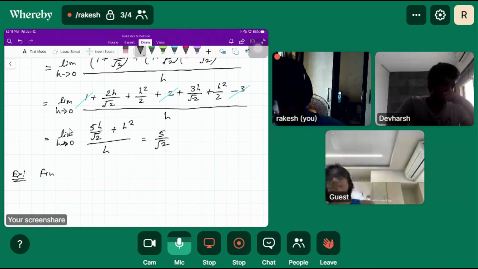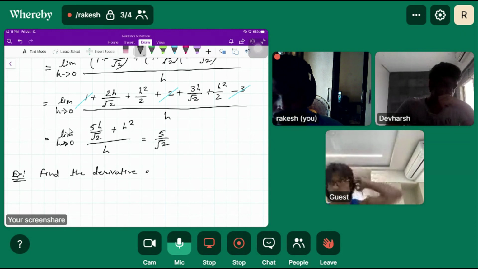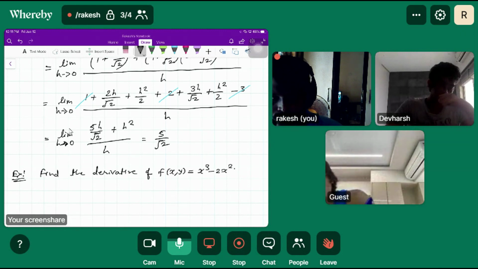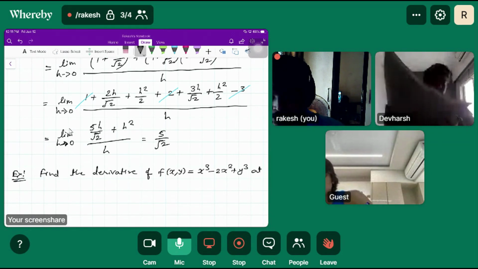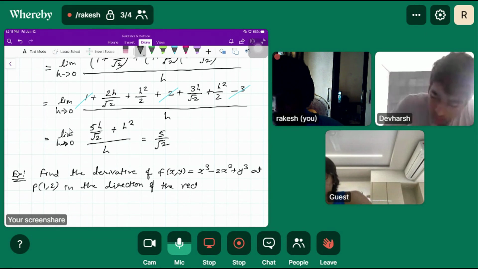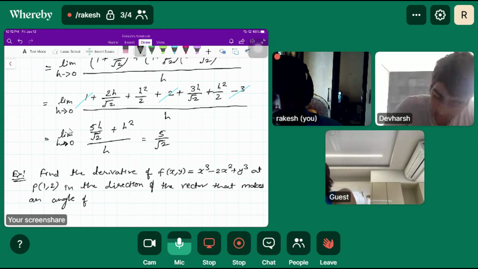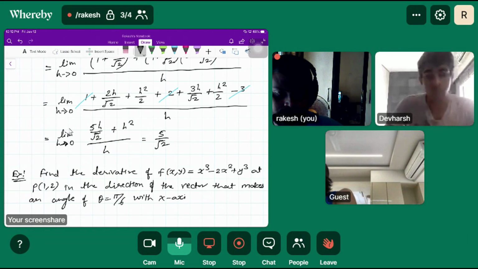So the question is: find the directional derivative of f(x, y) = x cube minus 2x square plus y cube at the point (1, 2) in the direction of the vector that makes an angle of theta equal to pi by 6 with the x-axis.